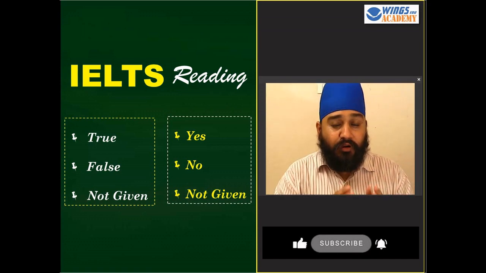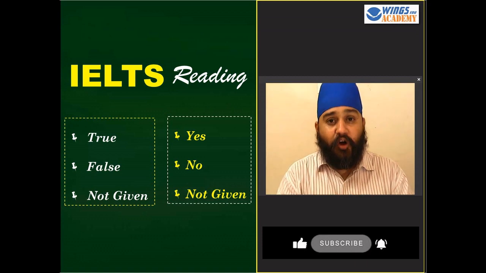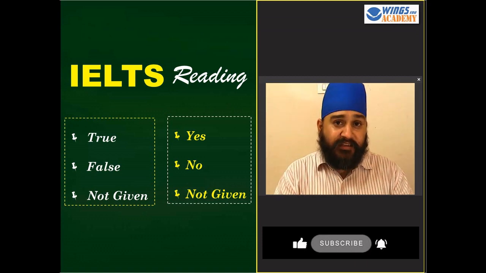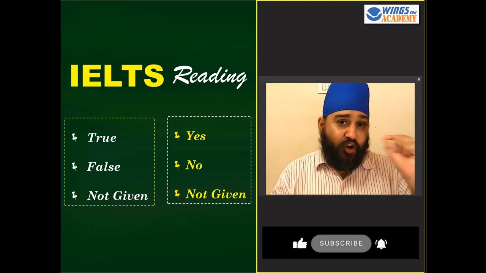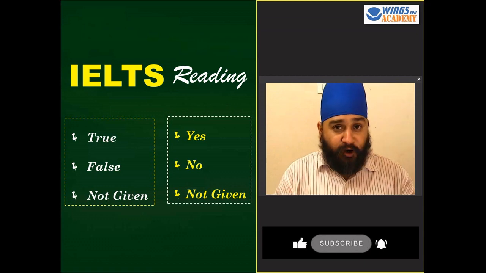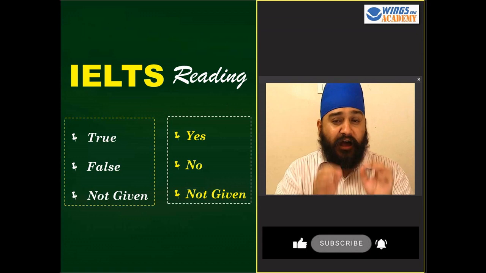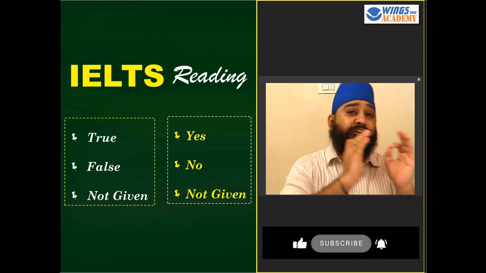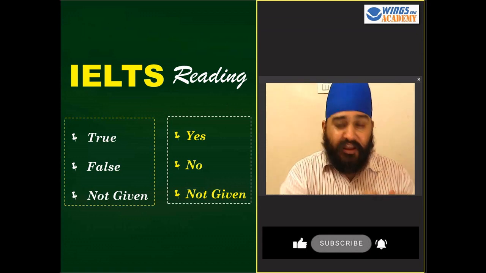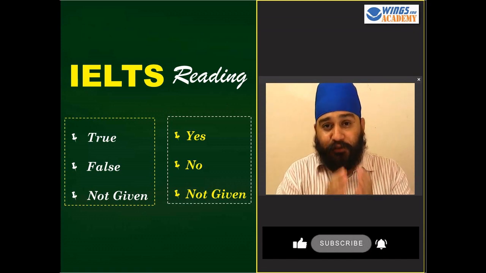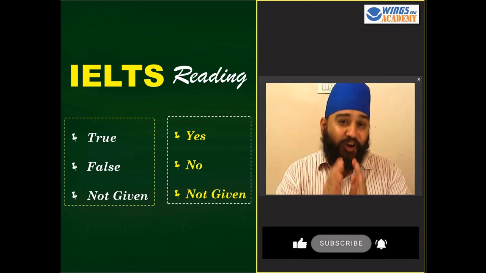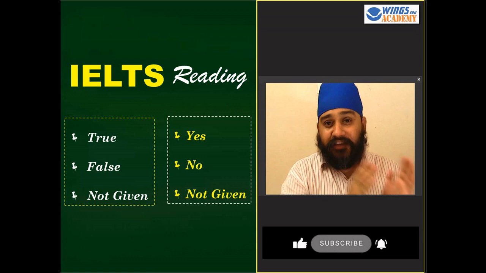False or no both stand for contradictory or opposite. It means if you call an option false or no, this option is opposite of what is mentioned in the passage, and not given means that particular option cannot be validated through the passage.